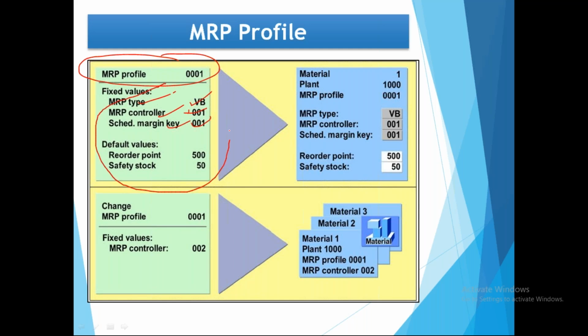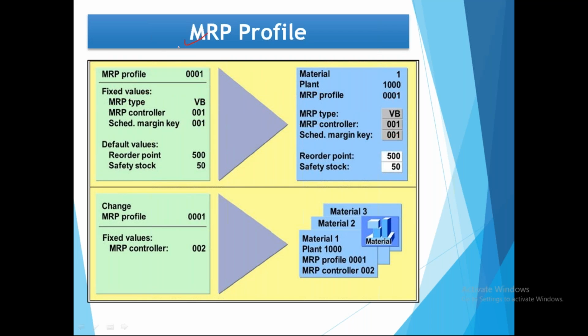When you assign this profile while creating the material master, all these values will get populated automatically into the material master. That is what is called MRP profile. Okay, I'll show you that.